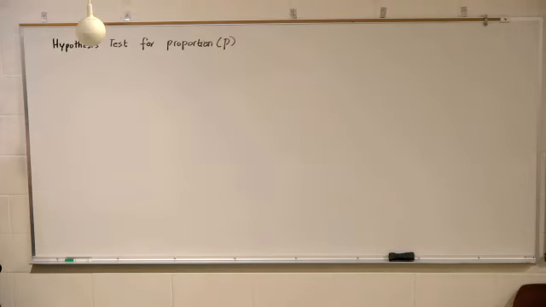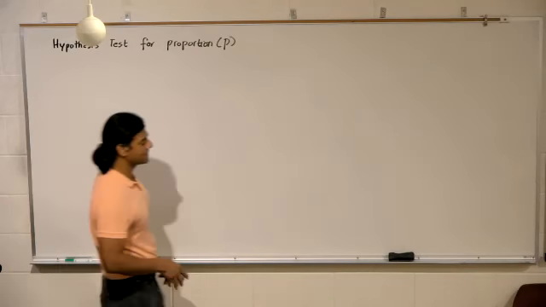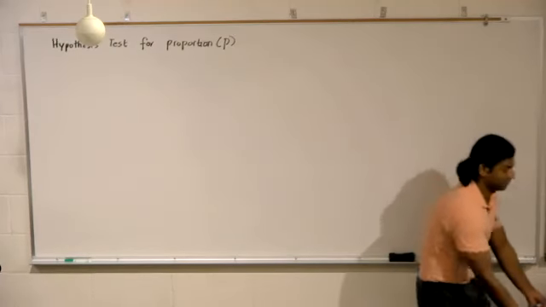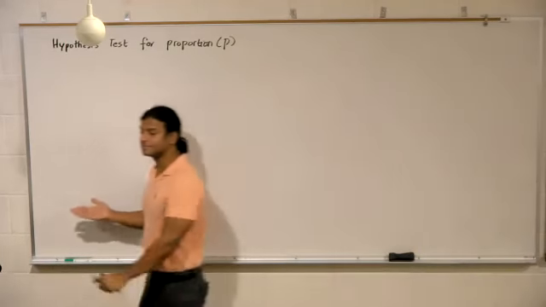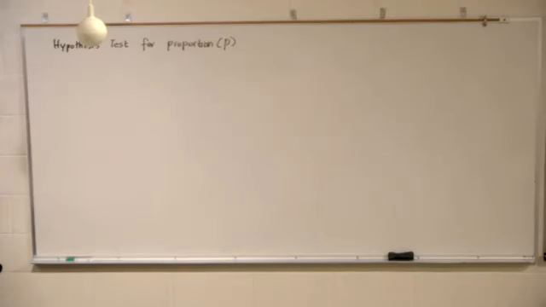So last time we did a hypothesis test for mean, specifically population mean. Now it is proportion. The process is exactly the same. Instead of using mu, you'll be using p.